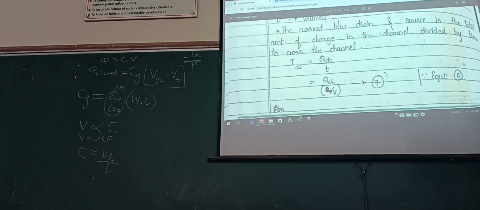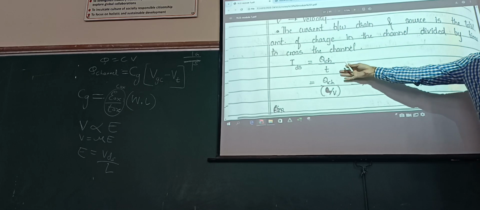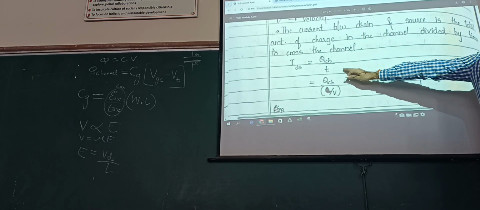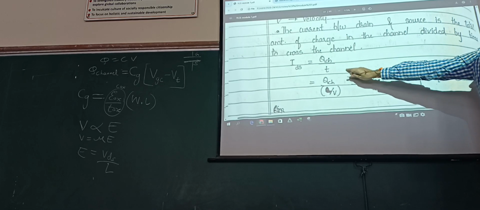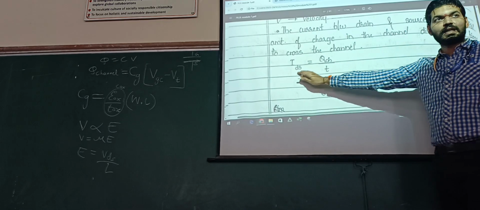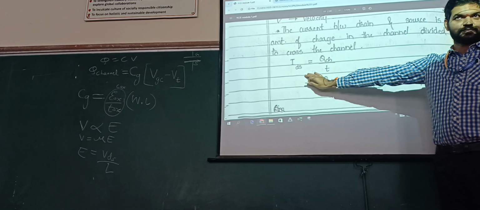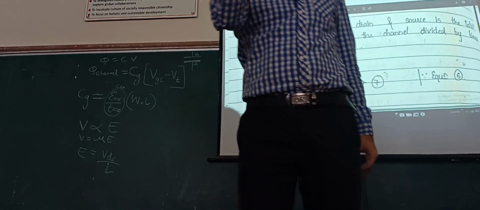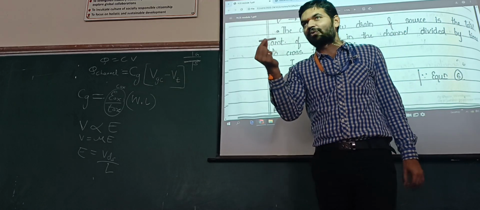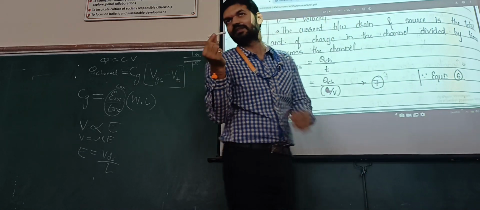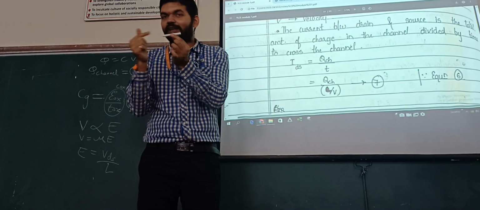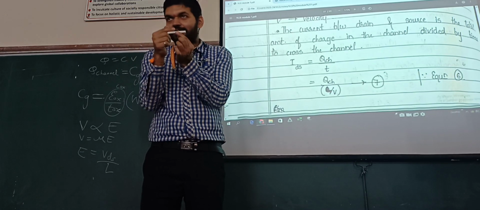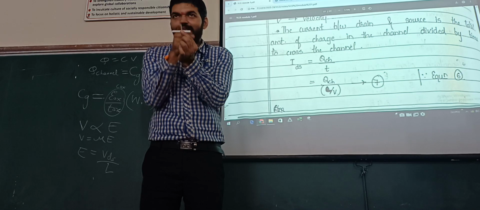Next is the main equation. In this equation we substitute everything, the items 1 to 6 that we have listed. What is this? Current definition. Consider this a wire. If this is a wire, how do we define the current? Number of charge carriers traveling through this wire per unit time.